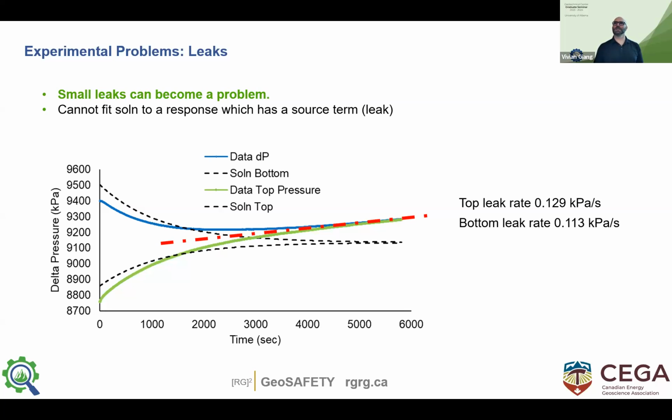Stephen has an answer. You can do that, but essentially this is a filter form analytical solution.